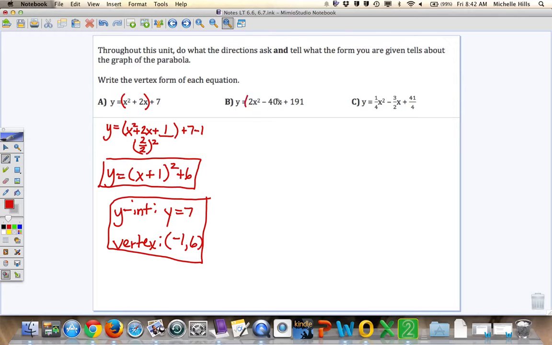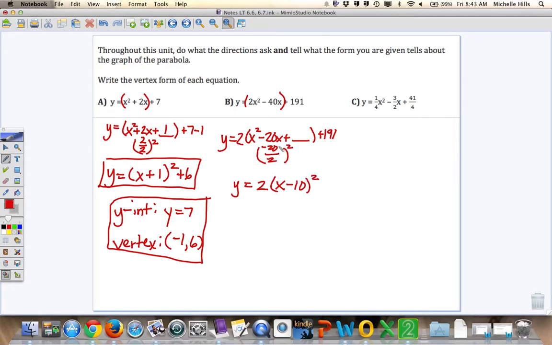I'm going to, again, group the x squared and x terms, but I need to factor 2 out. So 2 times x squared minus 20x plus something, and bring my plus 191 out at the end. Negative 20 divided by 2 is negative 10, which means I can immediately start y equals 2 times x minus 10 squared.